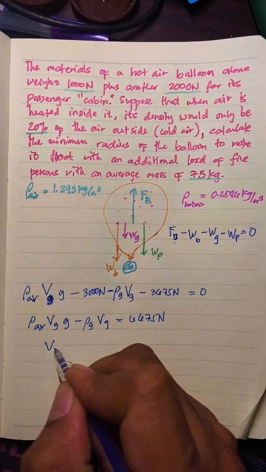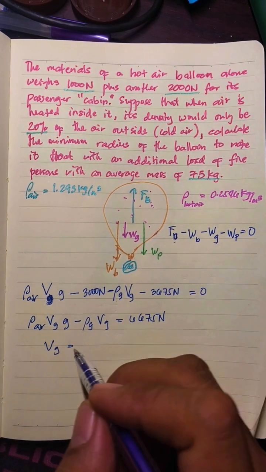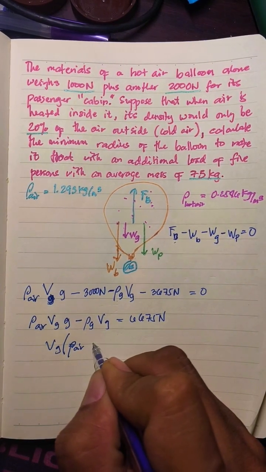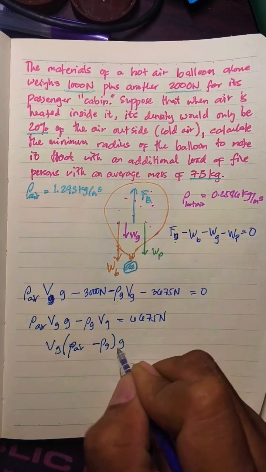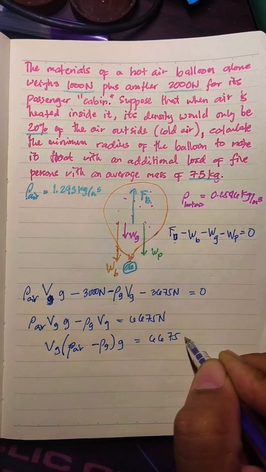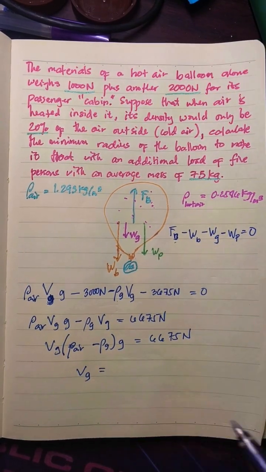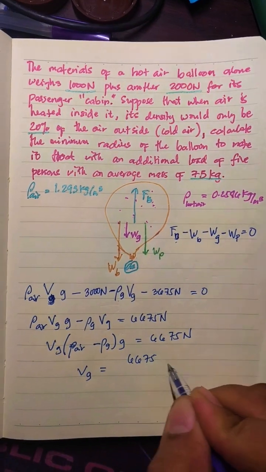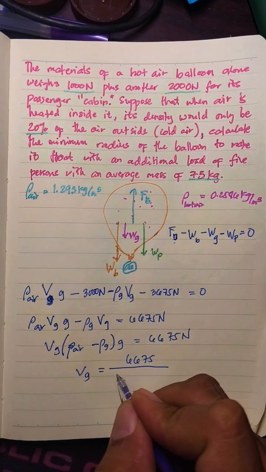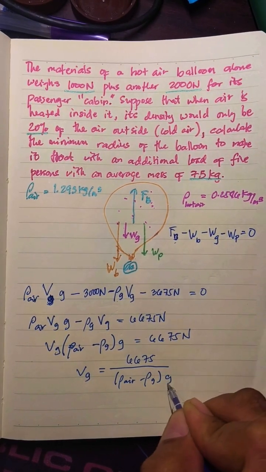From here, we can see that I'll factor out Vg first. Vg times rho air minus rho G times g equals 6675 newtons. So the volume is now equal to 6675 over the density of air minus the density of the gas times g.